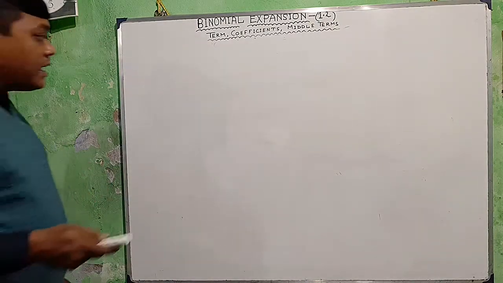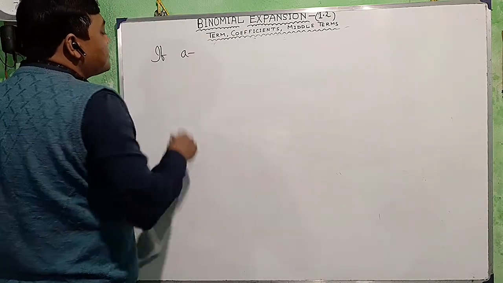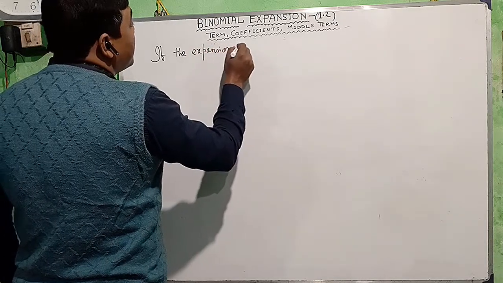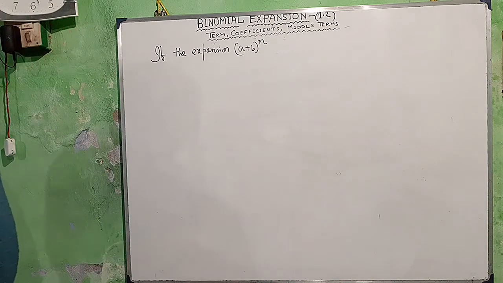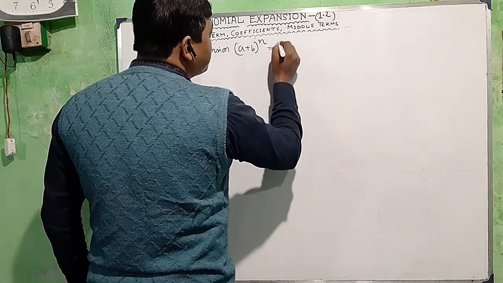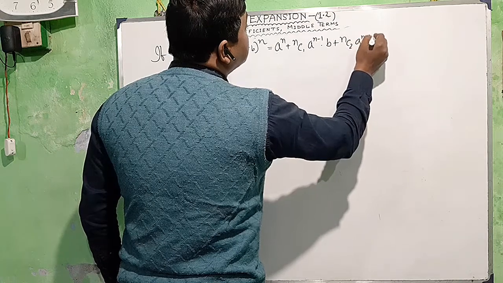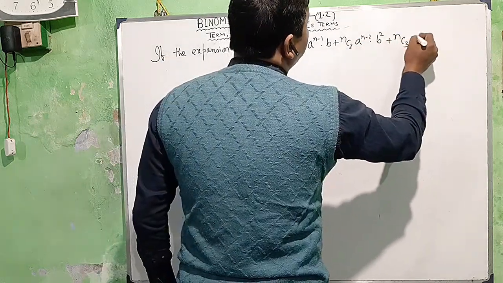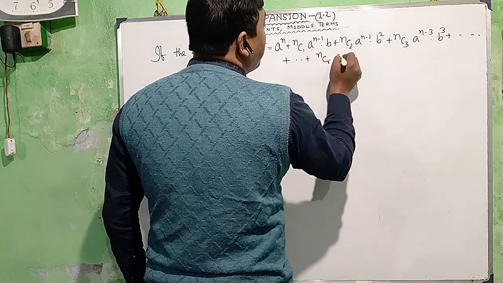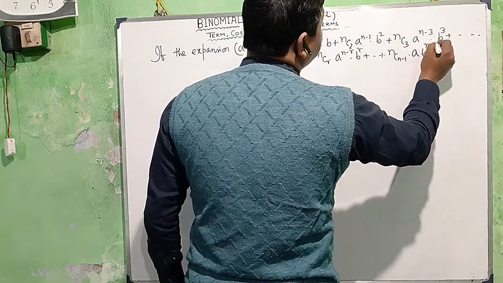So I rewrite what the results are. In the expansion of (a + b) whole to the power n, we have a to the power n plus nC1 a to the power n minus 1 into b plus nC2 a to the power n minus 2 into b square plus nC3 a to the power n minus 3 into b cube, up to some terms, nCr a to the power n minus r into b to the power r, plus nC(n minus 1) a into b to the power n minus 1 plus b to the power n.